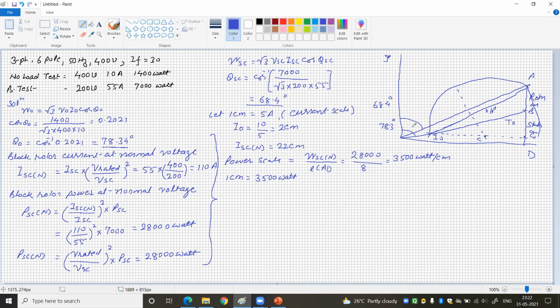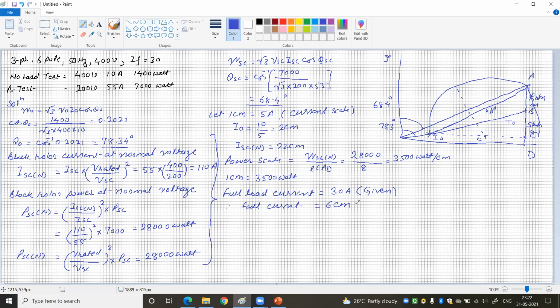The full load current is 30 ampere, as given in the numerical itself. Therefore, with a scale of 5 ampere per centimeter, it becomes 6 centimeter.